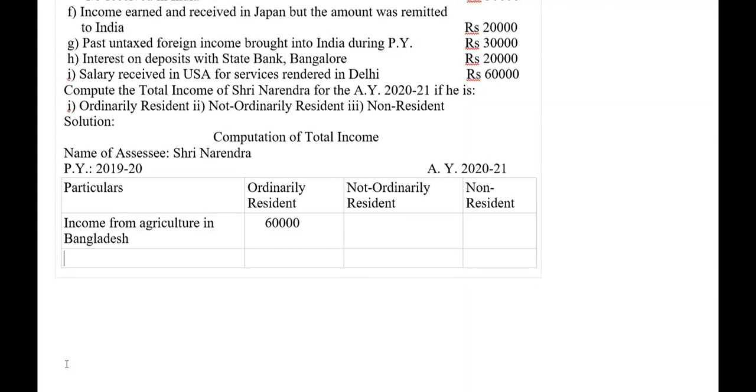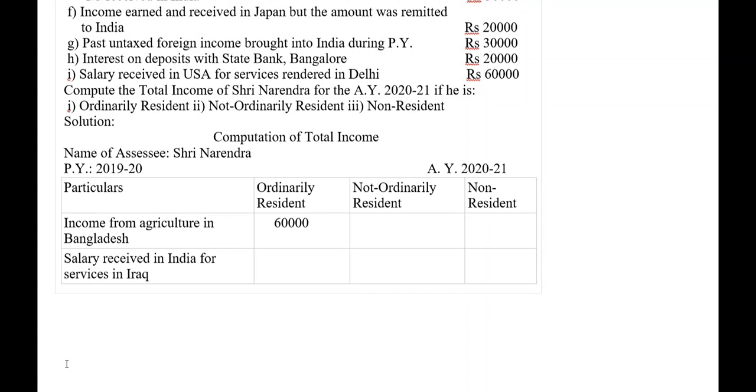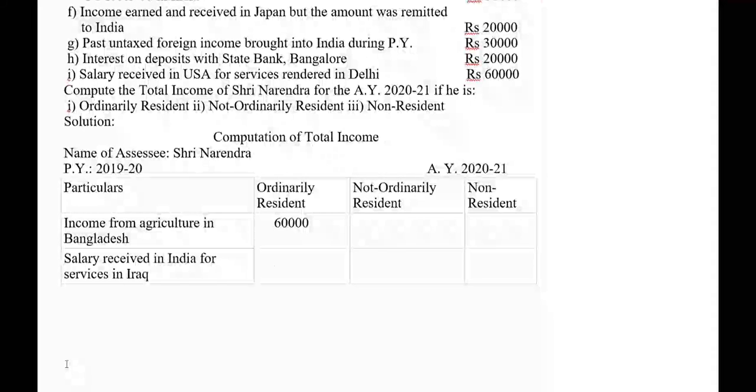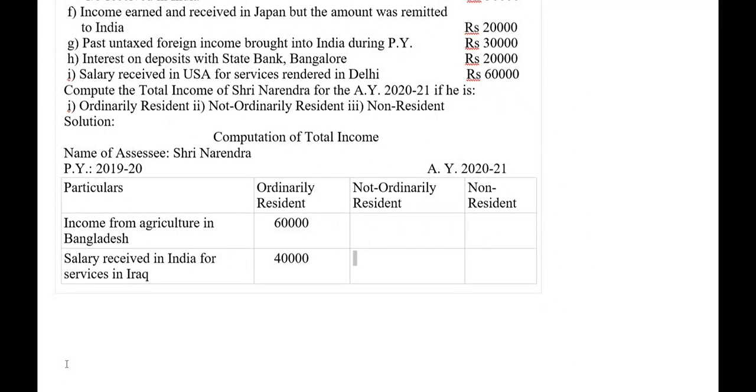Next, salary received in India for services in Iraq. Either you can cut it short or you can write it as it is. So that is 40,000, and as it is Indian income, it is taxable in all the three cases: 40,000, here also 40,000, here also 40,000.